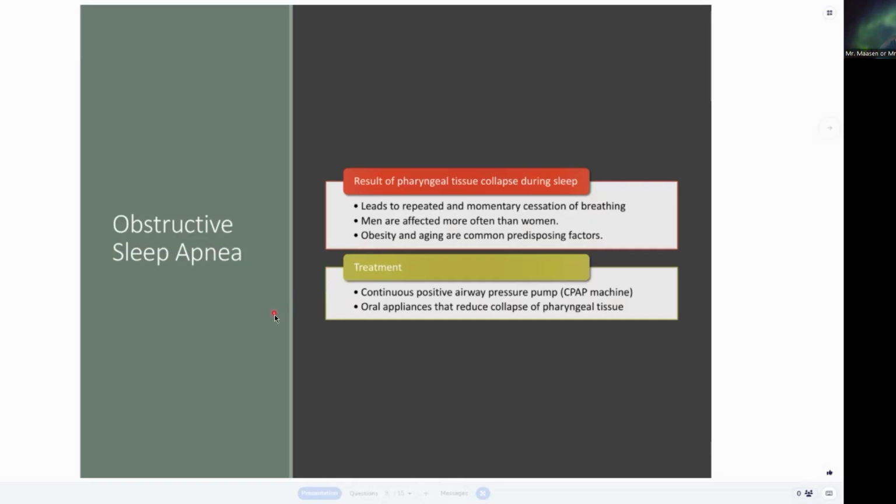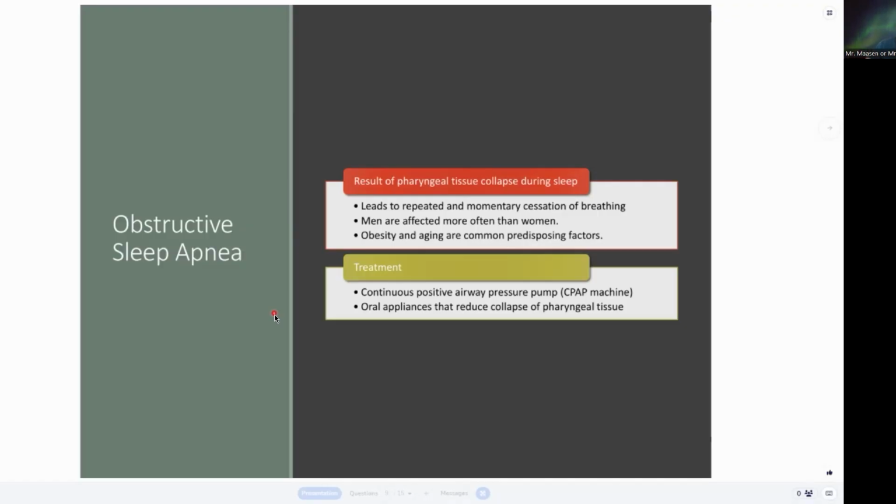Sleep apnea, obstructive sleep apnea, is just basically the pharyngeal tissue, the tissue of the pharynx, right where the mouth meets, it kind of collapses down when we sleep, closes off our airway, and stops breathing. Men are commonly more affected. And then genetic history is linked to this, your age, your size.